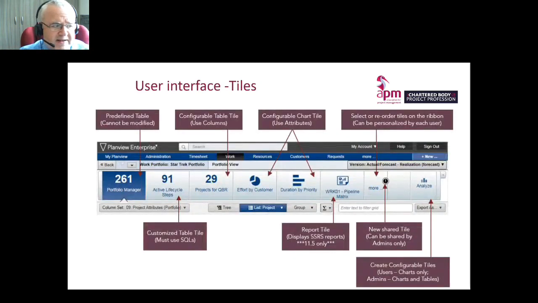The other thing, when you access the system, across the top, it had what they call tiles in terms of user interface. And this is just an example, which I've done a screenshot of from the Planview website. You can see there in this example that the 261 says straight away that this is quite a large portfolio, and they've called it the Star Trek portfolio.